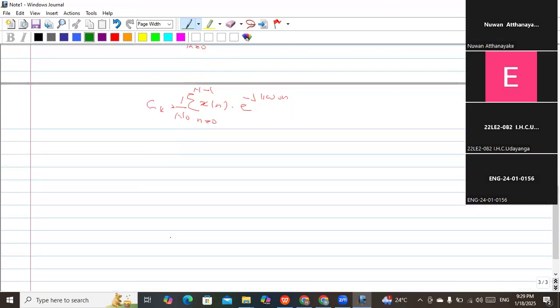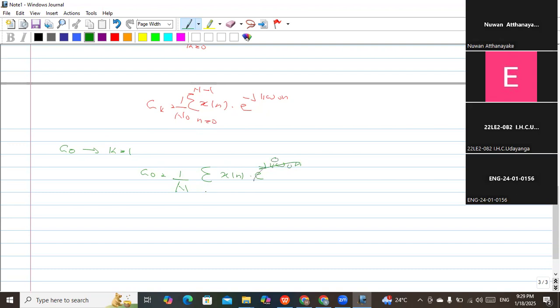If you want to evaluate c naught, you can easily evaluate it. That is k equal to 0. Then c naught will be 1 over n naught, which is N here, sigma xn e to the power minus jk omega naught n. K is 0, so this term will be 1.